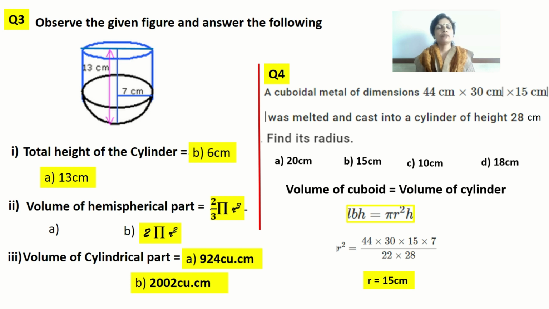Now quickly you have to cancel out the terms, reduce it to lower term and check your answer, and your answer is 15 centimeter. Check out in the option, is it given as 15 centimeter? Yes. So option B for you is the correct option.